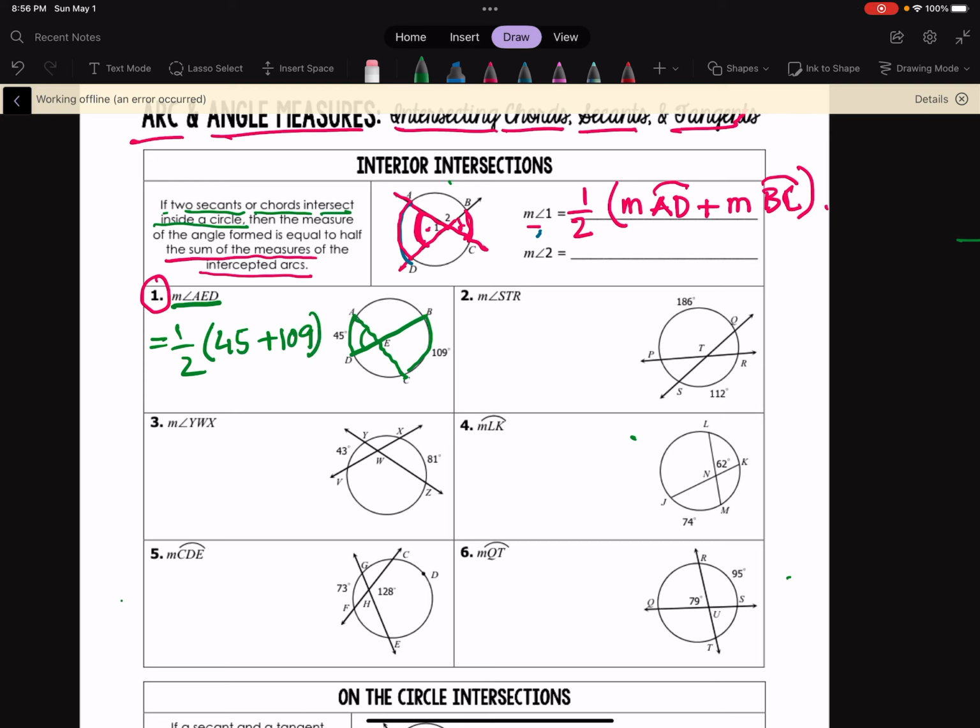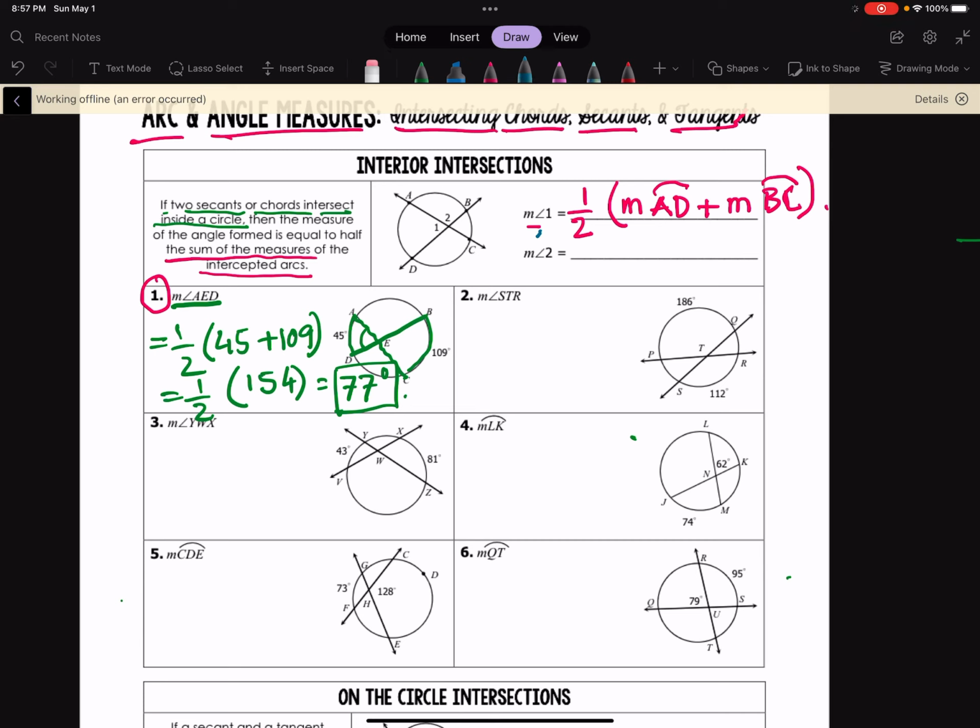Once you add them and divide, you get 154, and once you divide by 2 you get 77 degrees. That's it.